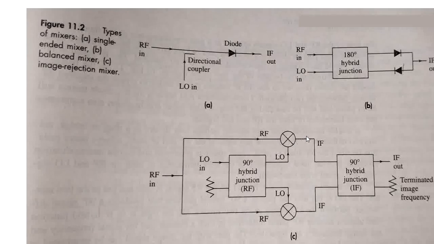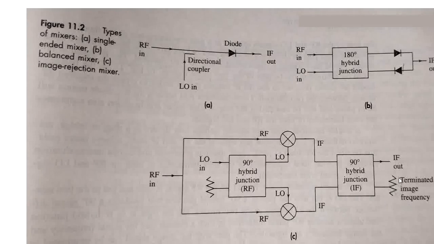And the two intermediate frequency outputs that we get from the two mixers, we are again going to apply to one more Magic T or 3 dB coupler here. Why are we using it? In order to eliminate the image frequency present in the intermediate frequency component. How can we terminate the image frequency?